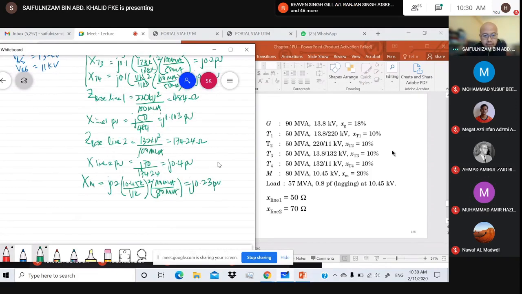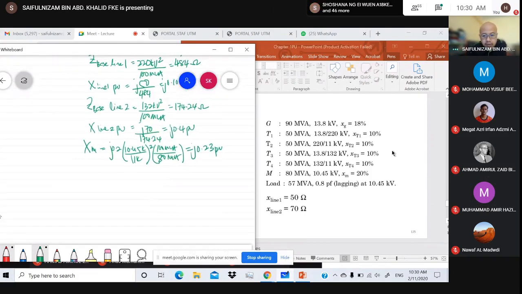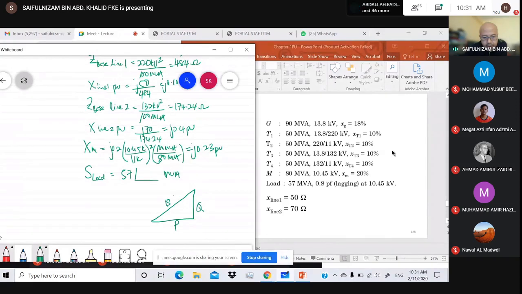And the final one is the load. You are given here the load equal to 57. So what is the angle of the load? You remember the power triangle? This is P, Q, this is S, and this is theta, right?